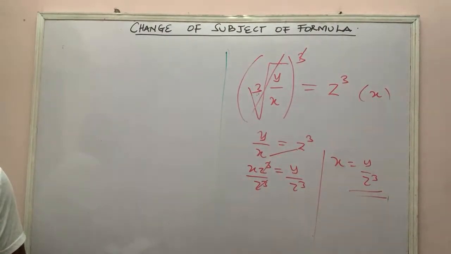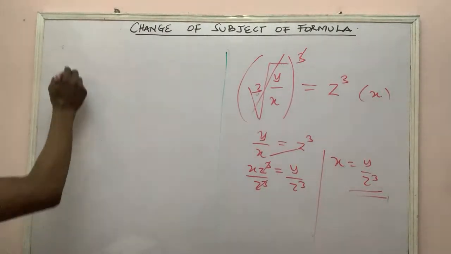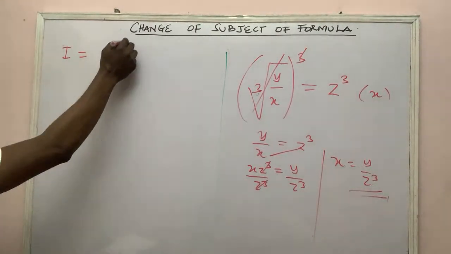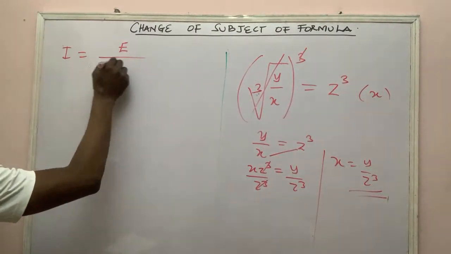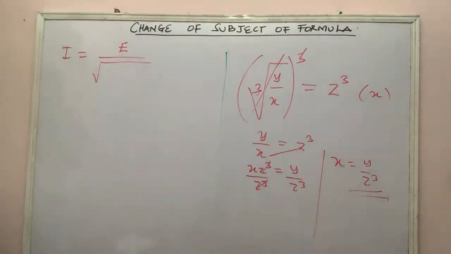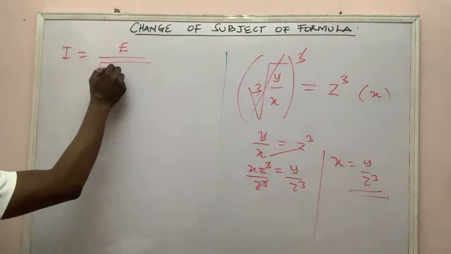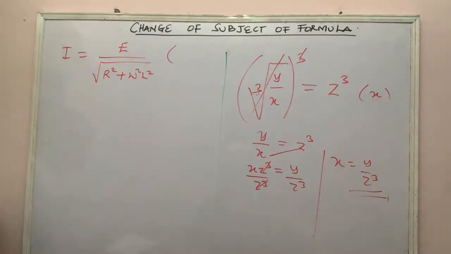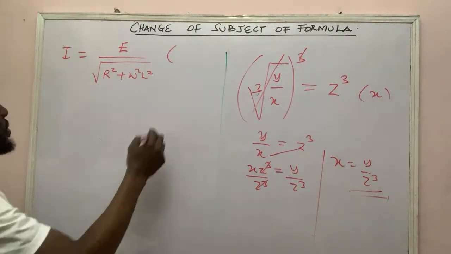Let's take another one. Let's say we have I equals E over the root of r squared plus w squared L squared, and we want to make r the subject.